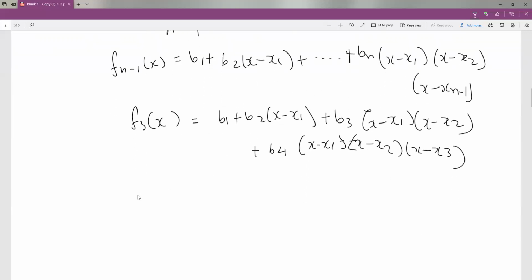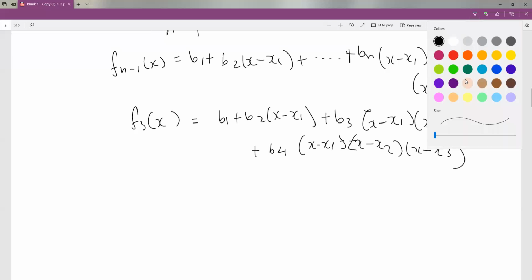So first divided differences can be, there are steps: first, second, third. If we have 4 data points, I will draw one table which will help you in writing it in a systematic way.